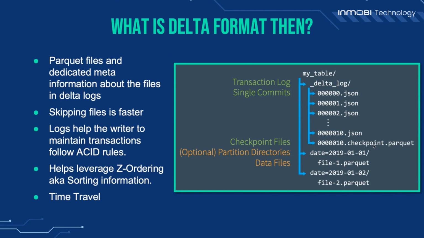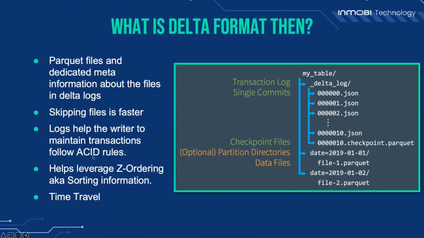So if file one was 1 GB, but it got rewritten for just one particular record, then it will actually be consuming 2 GB of data. Eventually it will be emptied, but still it helps you maintain the different versions. So that is another value that the Delta format brought in.